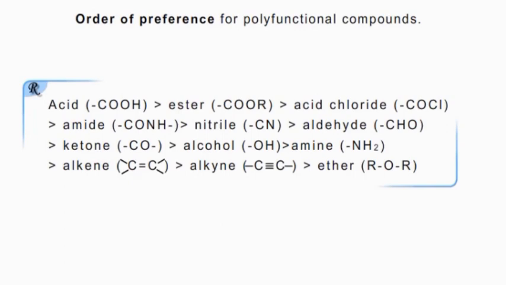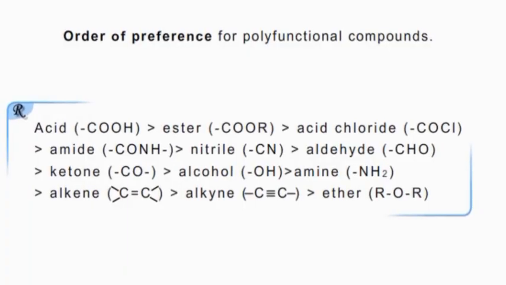Please understand, carboxylic acid will have the highest priority, then ester, then acid chloride, then amide, then nitrile, then aldehyde, then ketone. After aldehyde only ketone comes, then alcohol, then amine, then alkene, then alkyne. After amine, which will not come as the secondary suffix, alkene or alkyne will come as primary suffix.